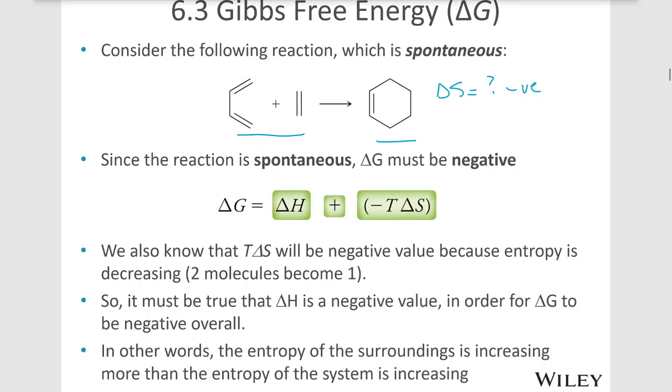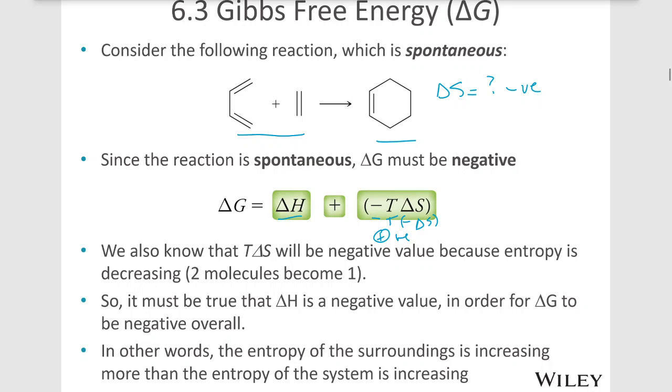Okay, so what does that mean? It means if we multiply negative T times a negative delta S, we're going to get a positive overall term for our T delta S. Okay, so that means we're going to have a competition between our delta H and our T delta S, which means that delta H must be negative.